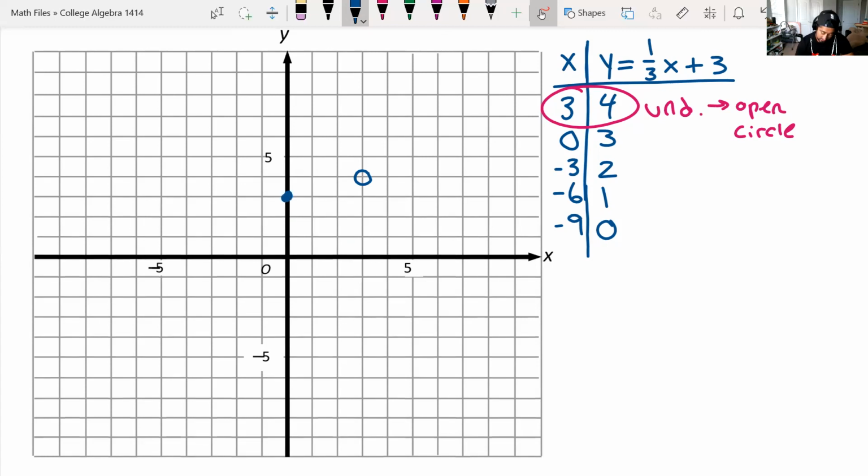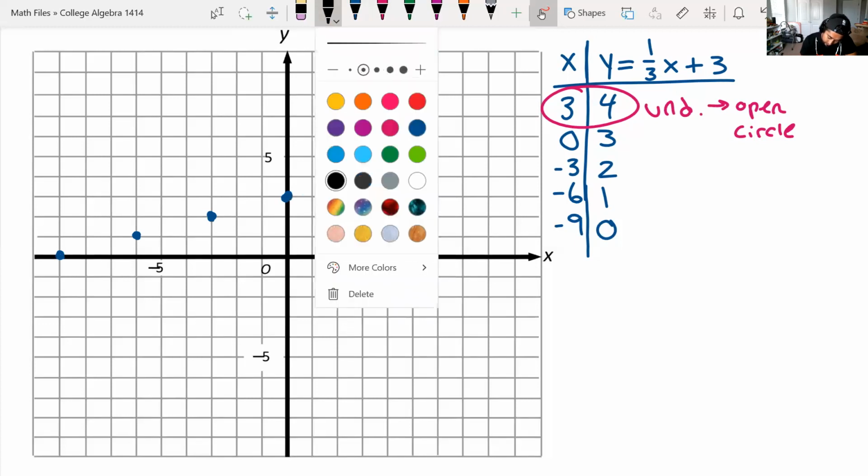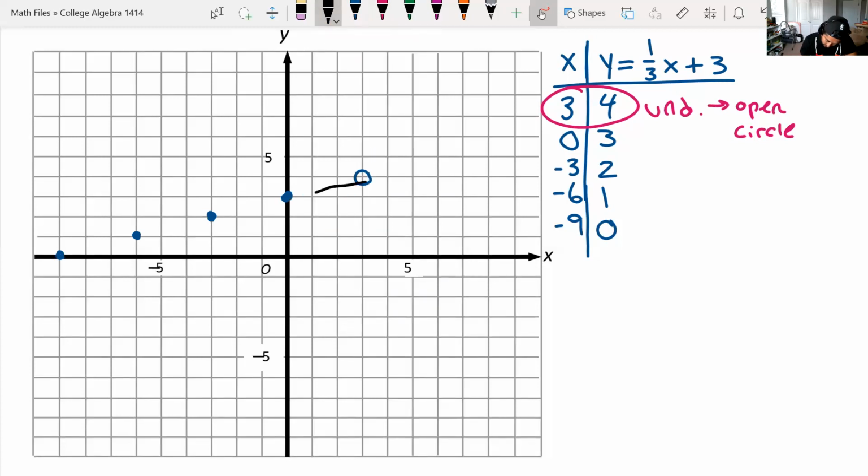And then negative 6, 1. And then negative 9, 0. So our graph looks like this. Okay, that's the first part of the piecewise function.